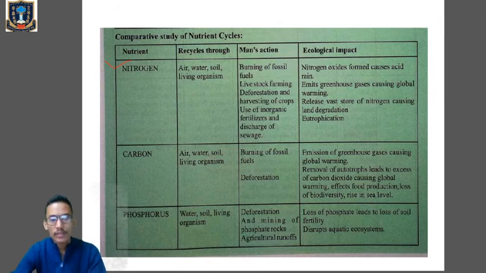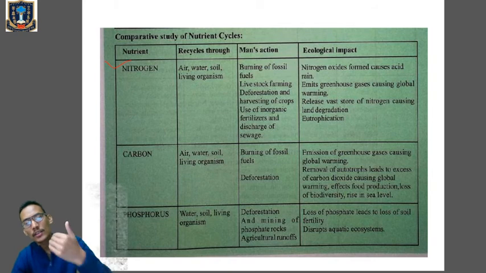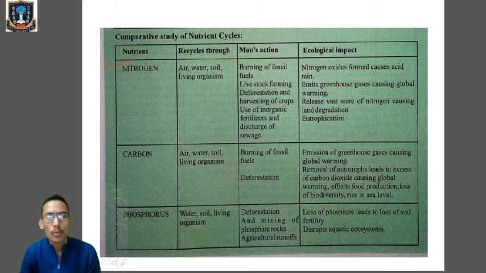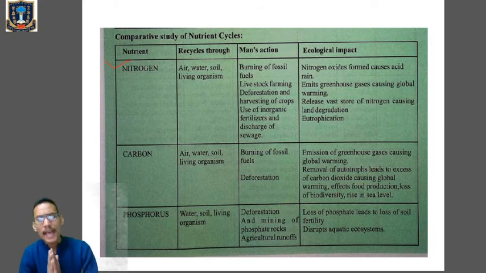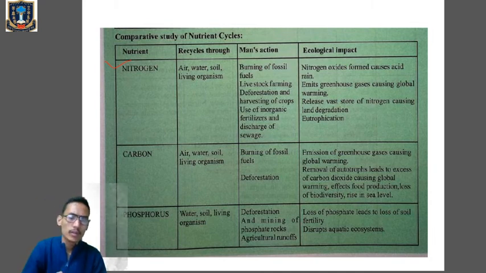So nitrogen, you can see, recycles through air, water, soil, and living organisms. Man's action: burning of fossil fuels, livestock farming, deforestation and harvesting of crops, use of inorganic fertilizers, and discharge of sewage. These are the roles of human beings.